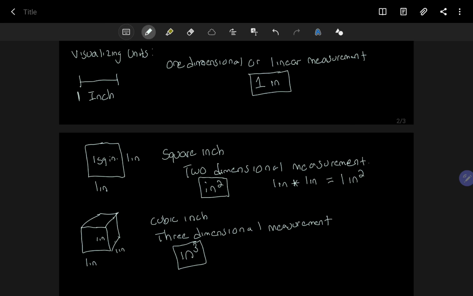And in the other case, because we have a length, a width, and then how long it is towards the back, and we're in a third dimension, then we have 1 inch times 1 inch times 1 inch. So this is 1 inch cubed, because we have 3 of them multiplying each other.